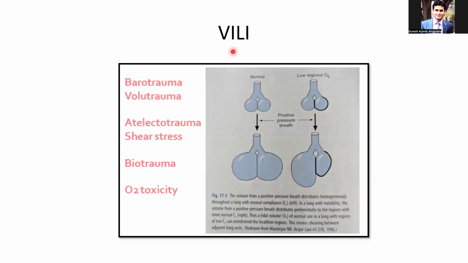Ventilator-induced lung injury could be due to increased pressure, increased volume, atelectotrauma, collapse of alveoli in certain areas. There may be shear stress due to repeated opening of alveolar units. There may be biotrauma due to various chemical mediators which are released during mechanical ventilation, and there could be oxygen toxicity. So several factors contribute to lung injury.